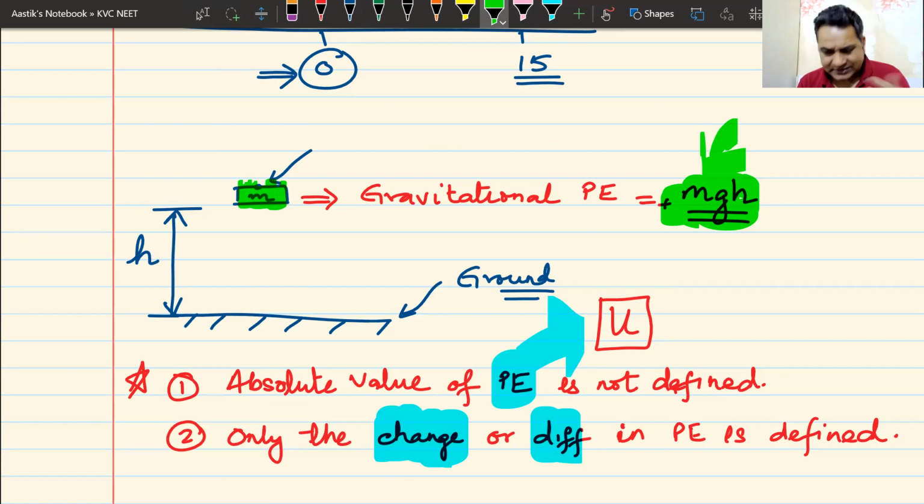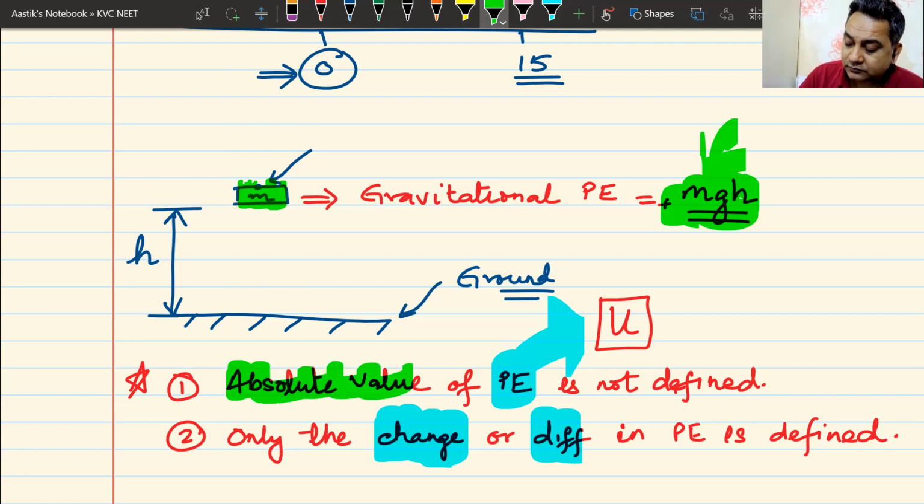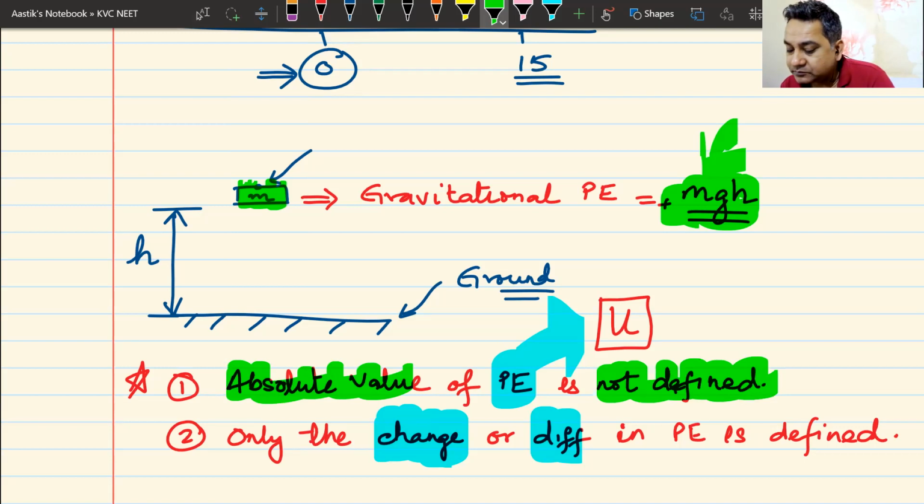And then I'll tell them, beta, your answer is correct, but it is misleading. Why will I call it misleading? Because the absolute value is not defined. So how can you tell me the absolute value? But still your answer is correct.